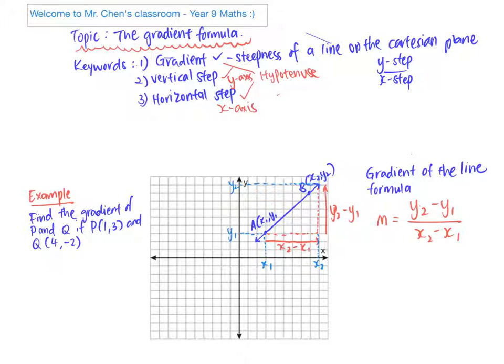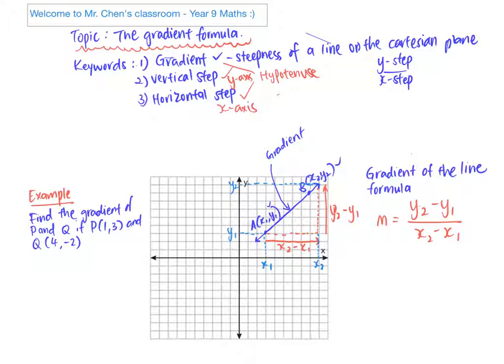On the Cartesian plane below, the dark blue line here represents your gradient, which is also your distance between 2 points, 2 coordinates, and we have A and we have B.